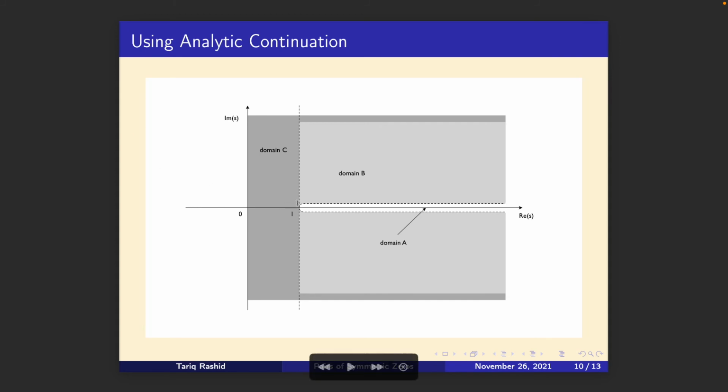Let's not forget the exclusion of that pole, that singularity at s equals 1, where it's not analytic and therefore the property doesn't hold there. But that's okay, that's just one point. And you can see, because the complex plane is two-dimensional, the analytic continuation process can go around singularities. So if there's one singularity here, we can go around it, which is great.